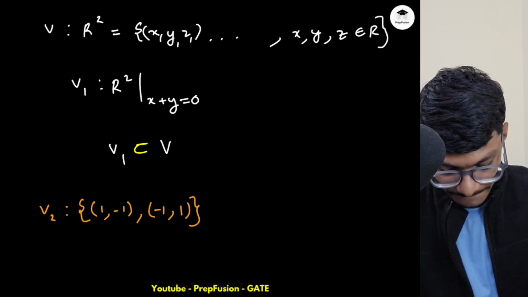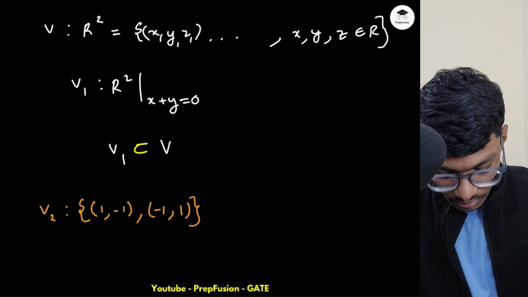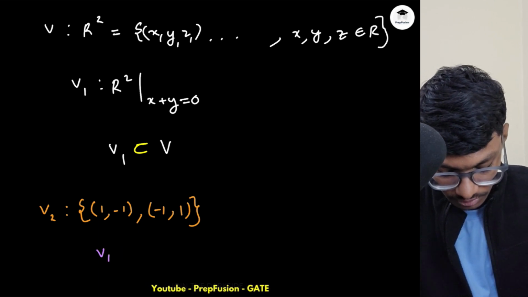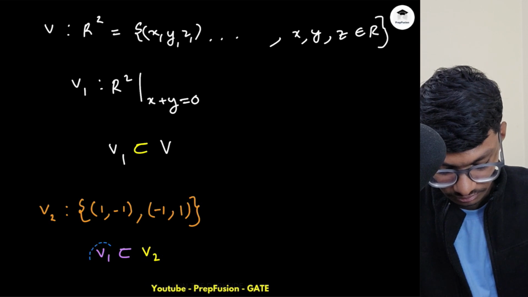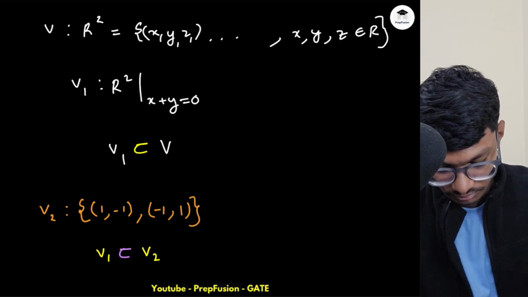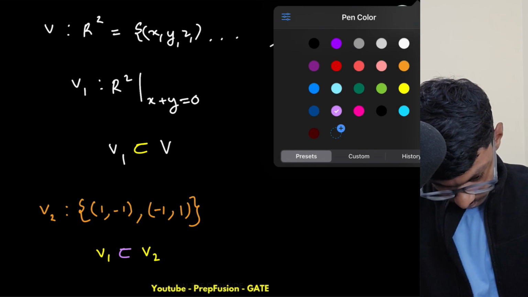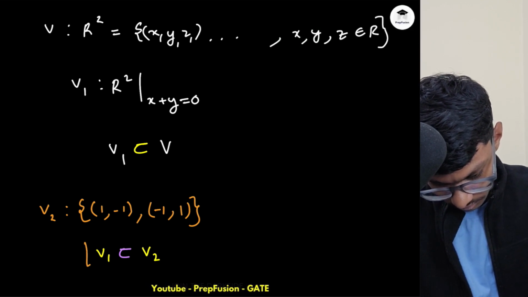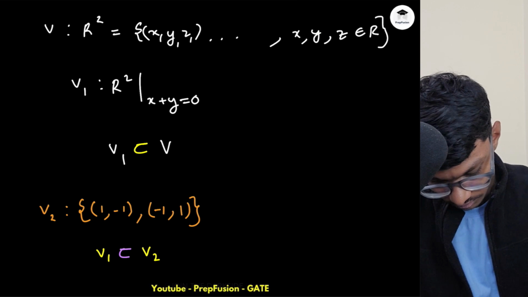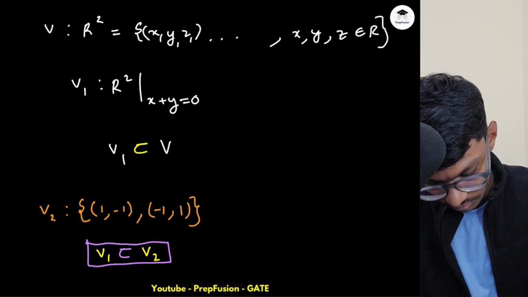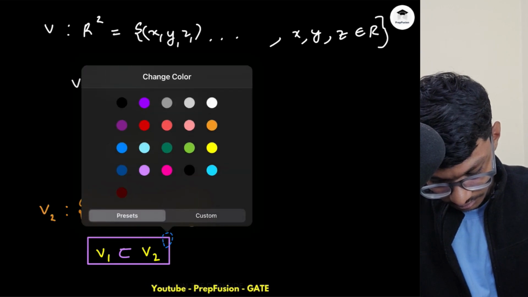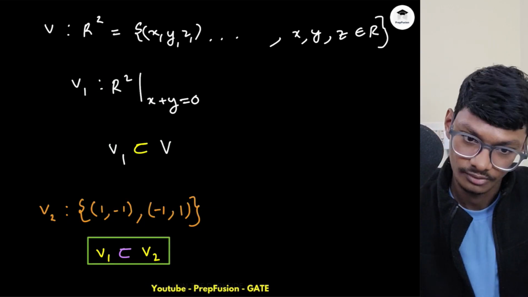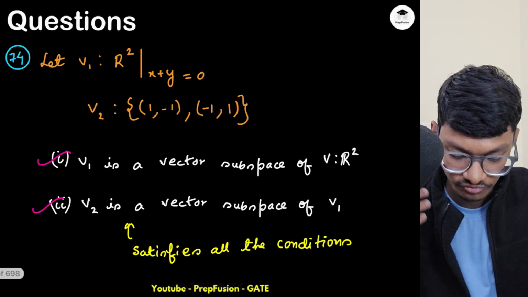So I can write V1 is subspace of V2. Okay, this is how we formally write this.